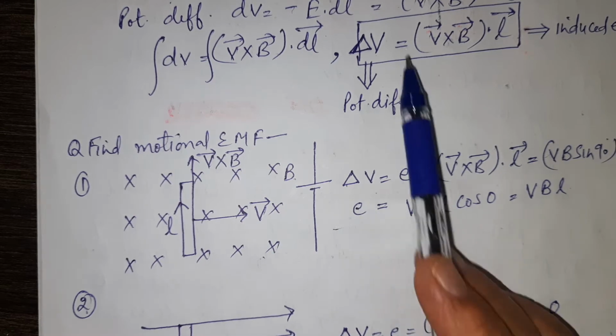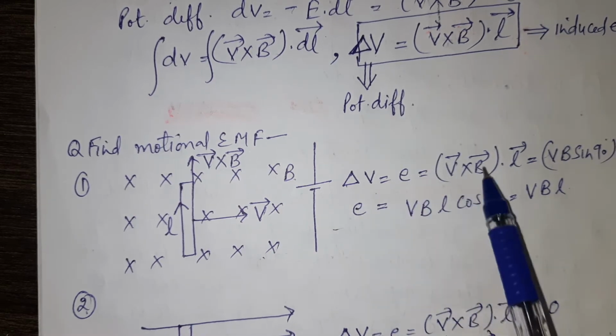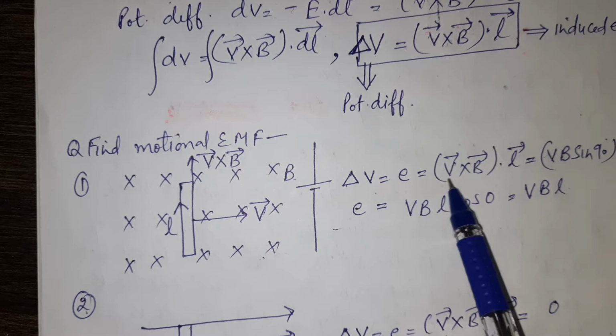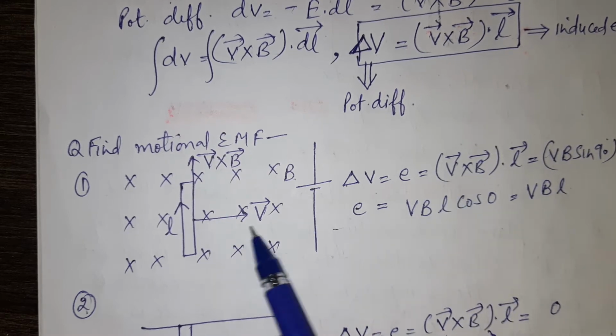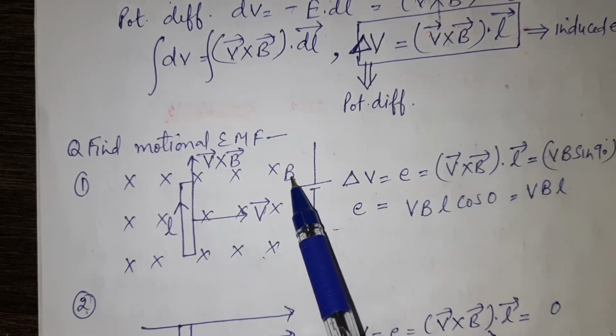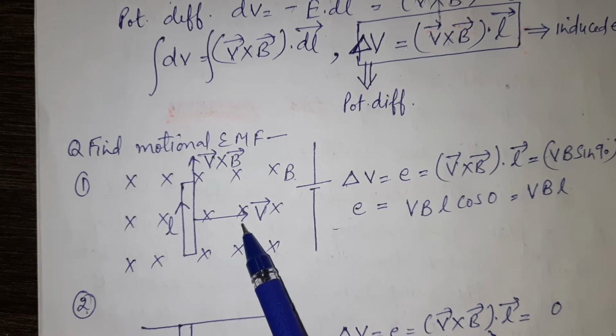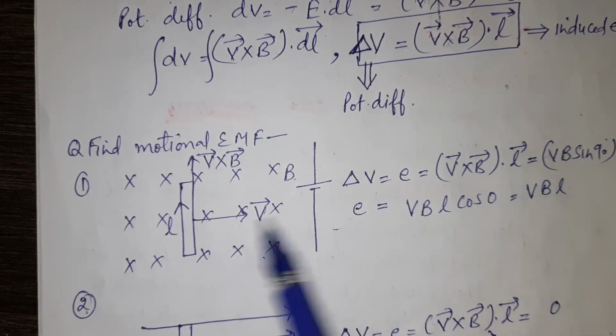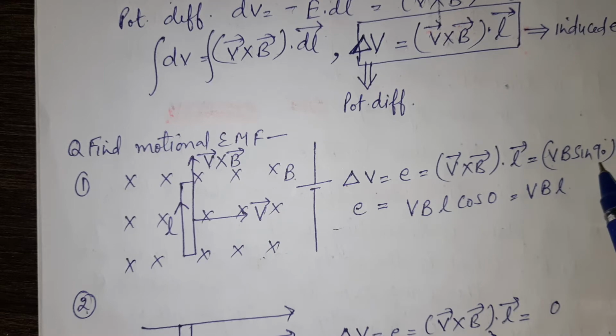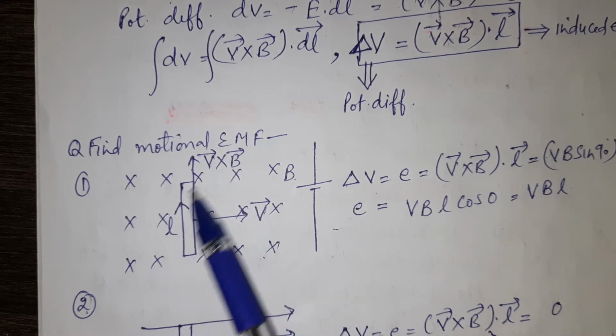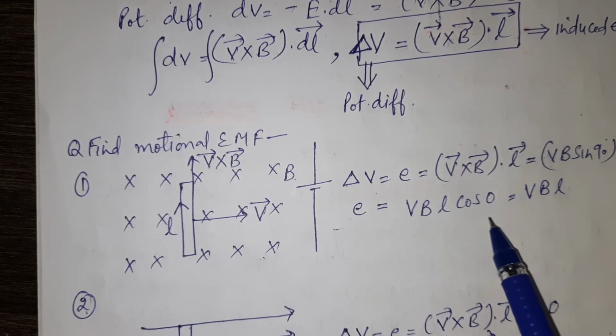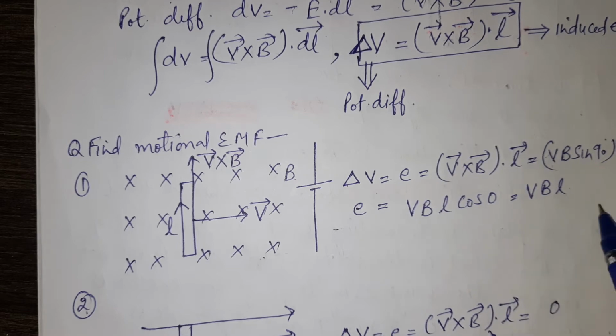So delta V is equal to V cross B dot delta L. V cross B is equal to VB sin 90 because V and B are perpendicular to each other. V cross B and L are along the same side, so cos 0. So the answer will be VBL.